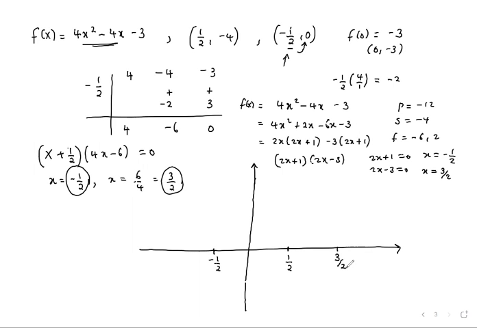Then this is negative 4, and then negative 3, this is negative 3. This is the quadratic.